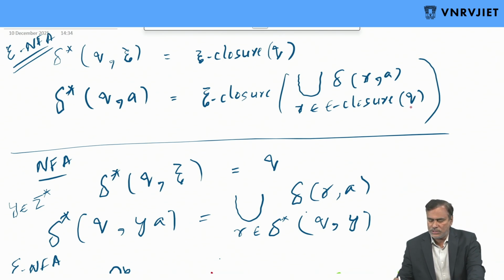I have found the epsilon closure of 1, and then I have applied this transition function. Your known epsilon closure of 1 is 1, 2, 3. For 1, 2, 3, the input symbol is A. So 1, 2, 3 on A, you have to take the union. That part I have completed, and then I have to apply this epsilon closure. For the result you have got after applying this transition function, you have to apply the epsilon closure.